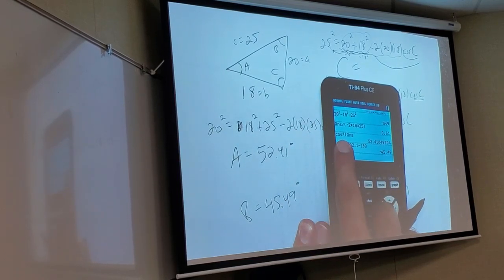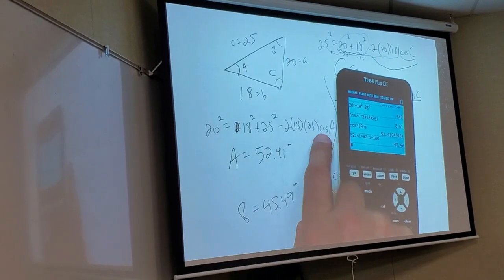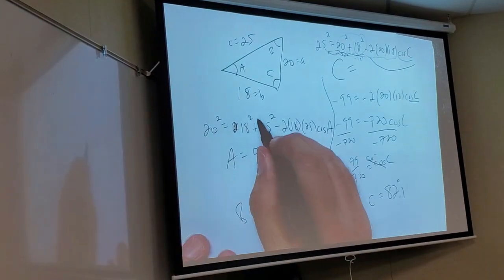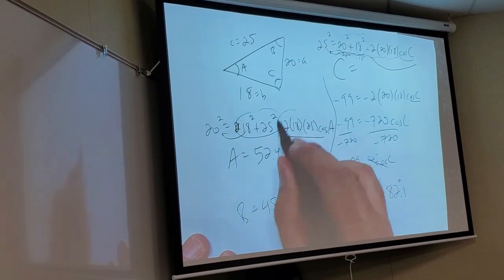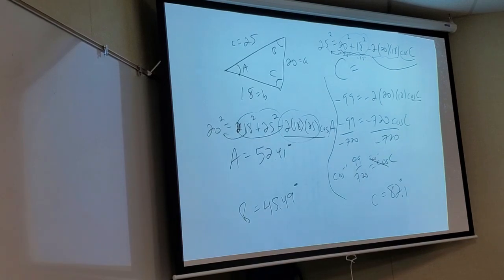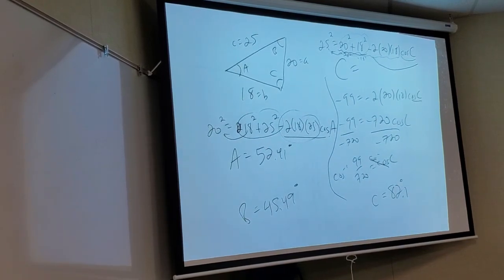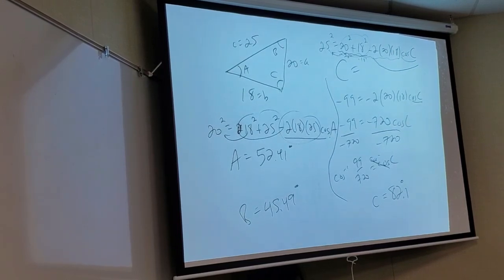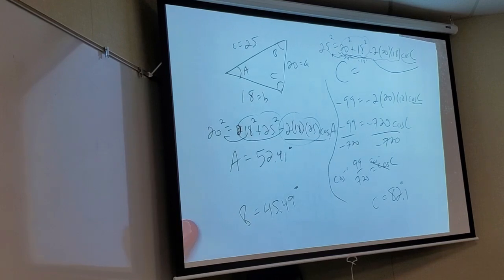And then I did inverse cosine, of course, because at that point I got cosine A equals a number. So if I subtract this stuff over and then divide by this stuff, I'll have cosine A equals a number, and then I've got to take the inverse cosine. Negative 549 divided by negative 900 equals cosine A, and then we take the inverse cosine. Okay. Yep.